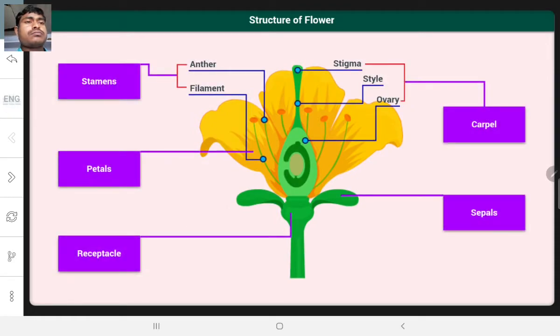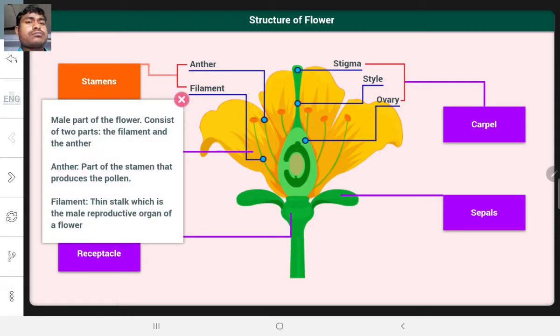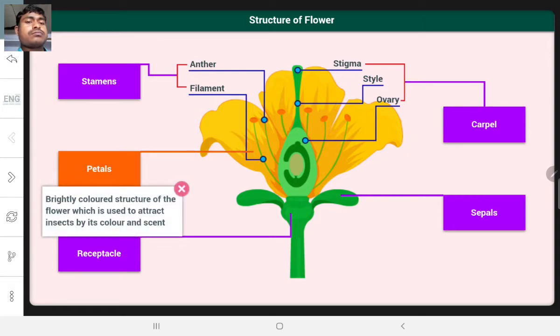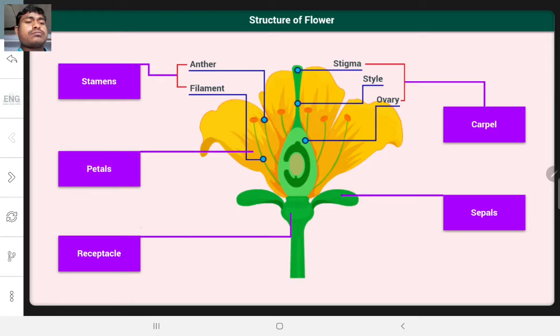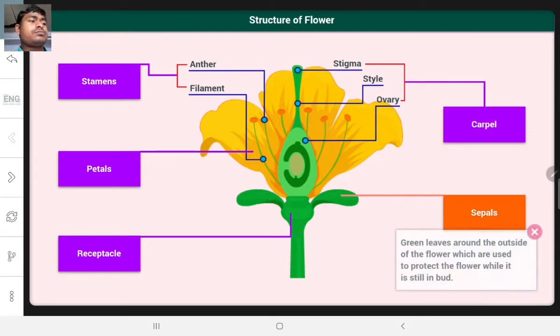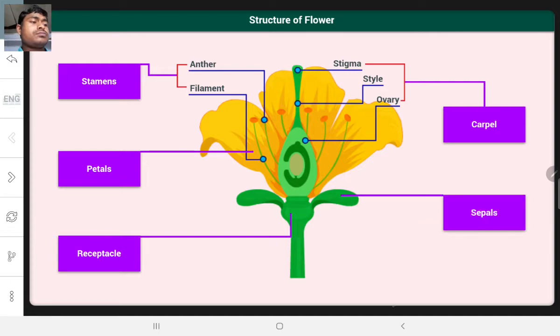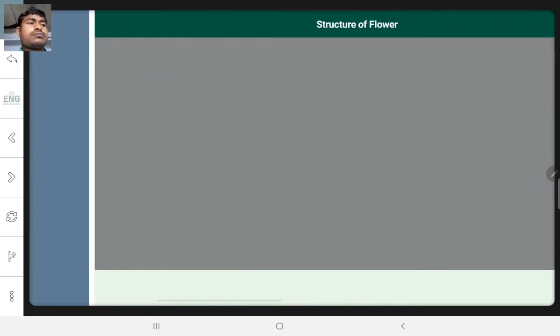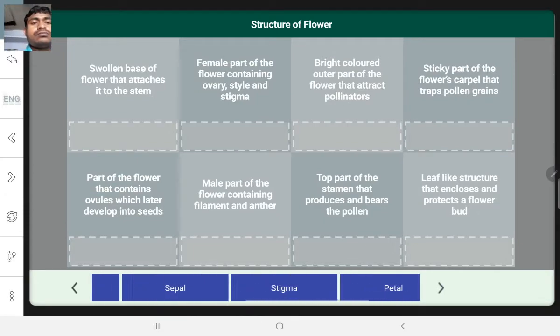Tap on the given labels to understand the structure of a flower. Drag each part from the bottom row to the box below its description.